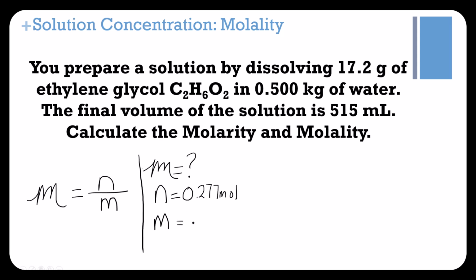And then now on the bottom here, we've got the mass of our solvent in kilograms. So if we read through, you prepare a solution by dissolving 17 grams of ethylene glycol in 0.5 kilograms of water. So water is our solvent, and it told us the mass of that water, conveniently. So down here, we've got the 0.5 kilograms. So now I've taken inventory of what I know.